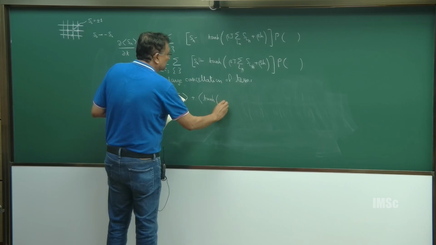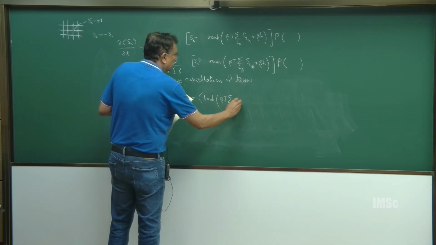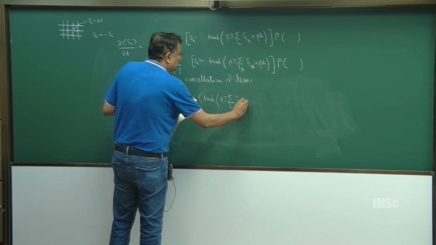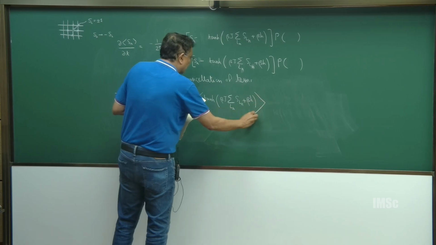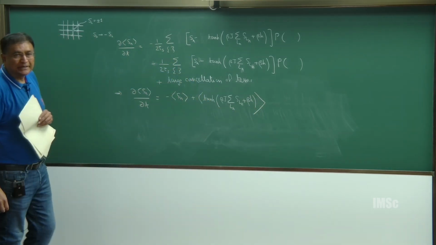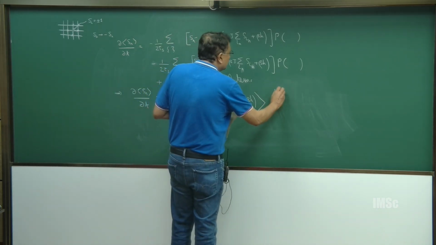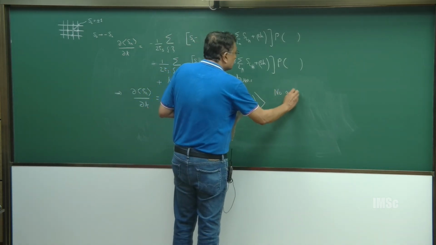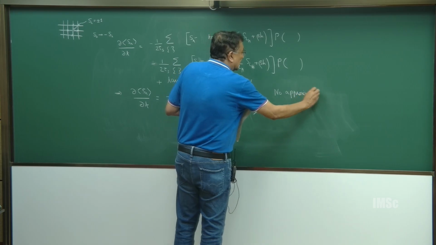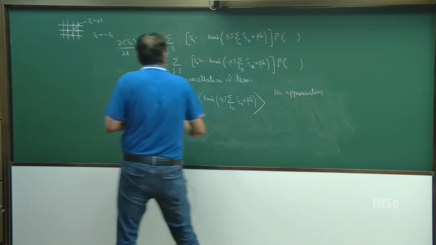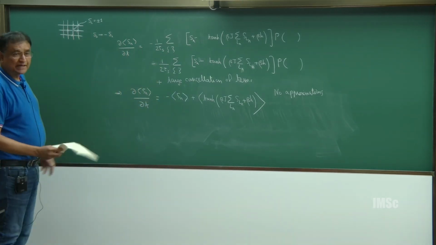So, that is tanh of beta J sum over l of J_ln S_l plus beta h, expectation value. That is the final equation. Okay. No approximations here as yet, and I absorb the tau s into the time factor out there. So, now it is a dimensionless time. Okay.